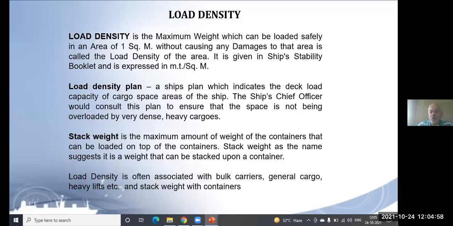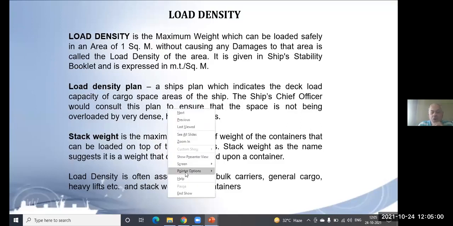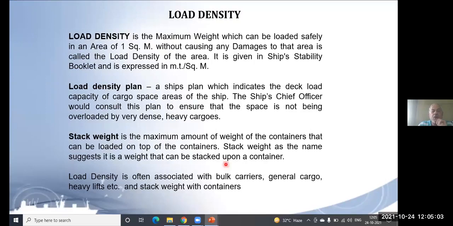Wherever you are going to load the cargo, on that area, 1 meter length and 1 meter width, how much maximum cargo can be loaded safely? The word safely is very important here. That becomes the load of that area.